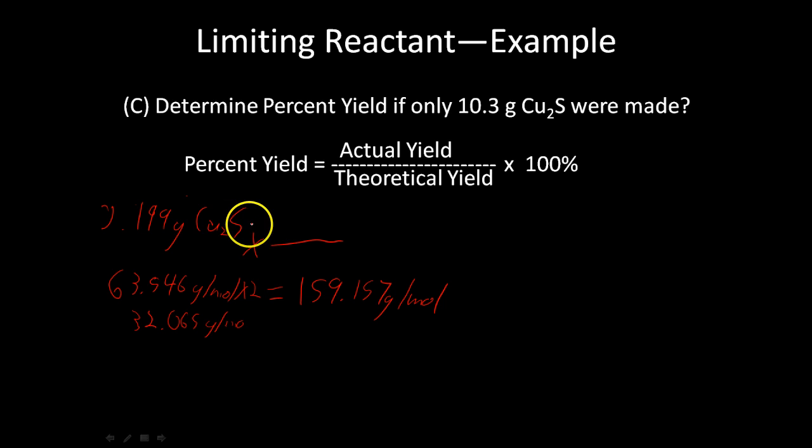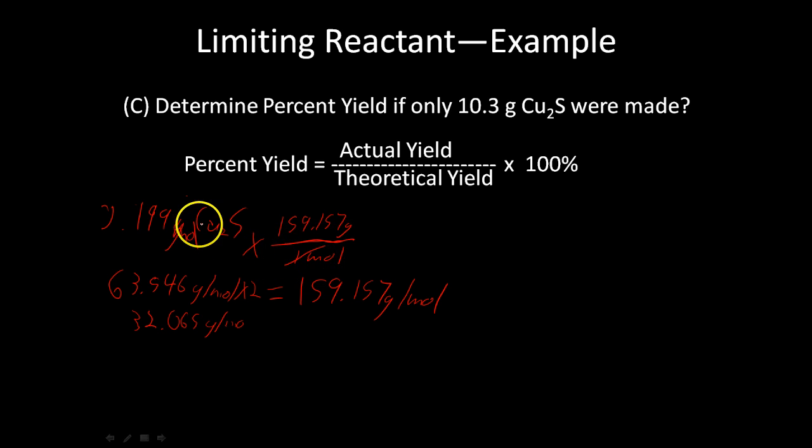So if we're going to convert this, that's moles, not grams. We're going to convert this from moles of copper 1 sulfide to grams of copper 1 sulfide. We have to put 159.157 grams per 1 mole.